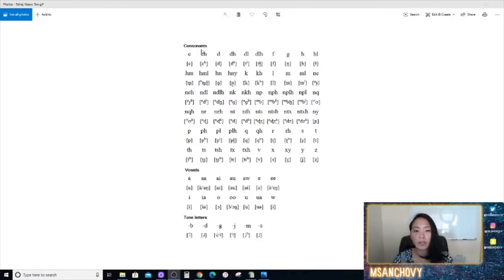So the first set of words, I got this off of Google. Whoever created this, thank you, I didn't have to do it myself. This is what we call the character set.